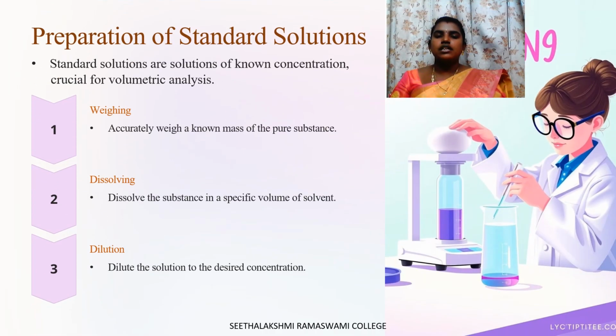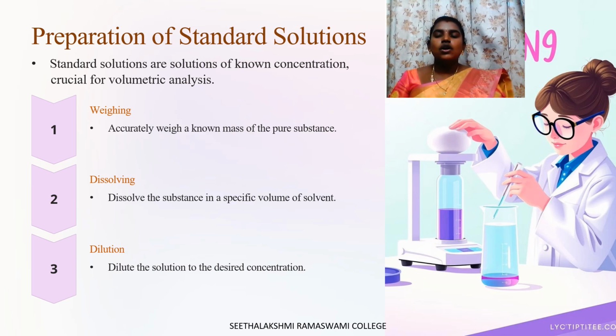Preparation of standard solution. A standard solution is nothing but a solution of known concentration, which is important for volumetric analysis. Before preparing the standard solution, three steps should be followed: weighing, dissolving, and diluting. Weighing is accurately weighing a known mass of the pure substance.